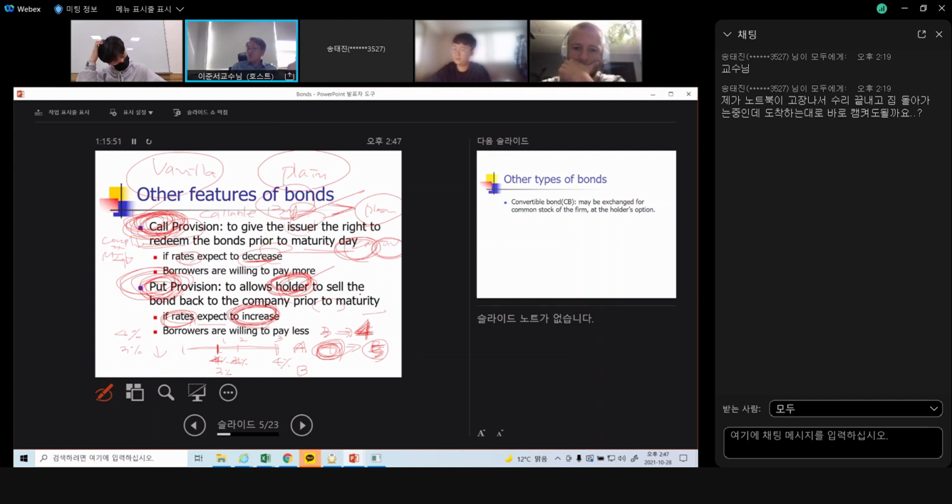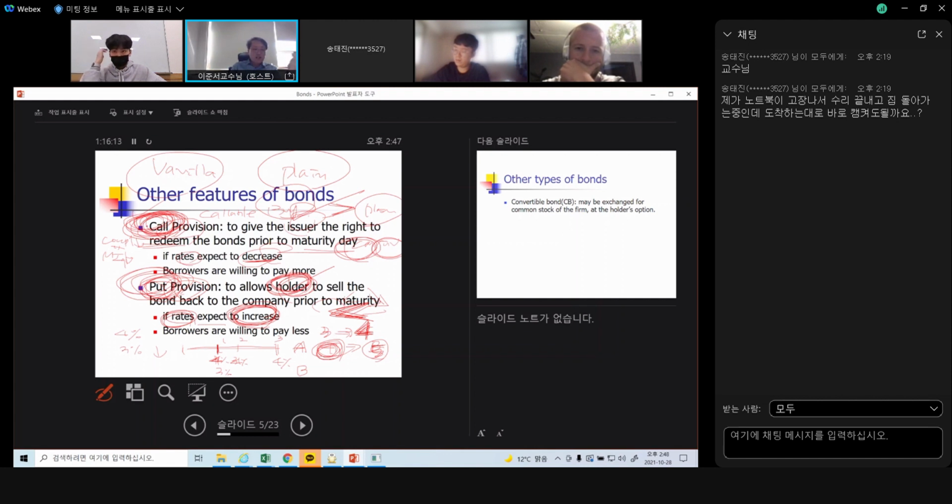Then who has the advantage? Bondholders or issuer? Definitely bondholders have the advantage, right? So the puttable bond coupon interest rate is lower than the plain bond. Otherwise, who would issue that kind of puttable bond?